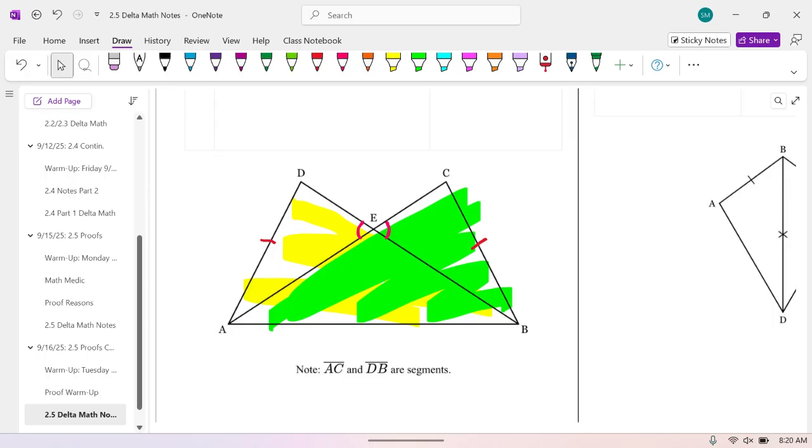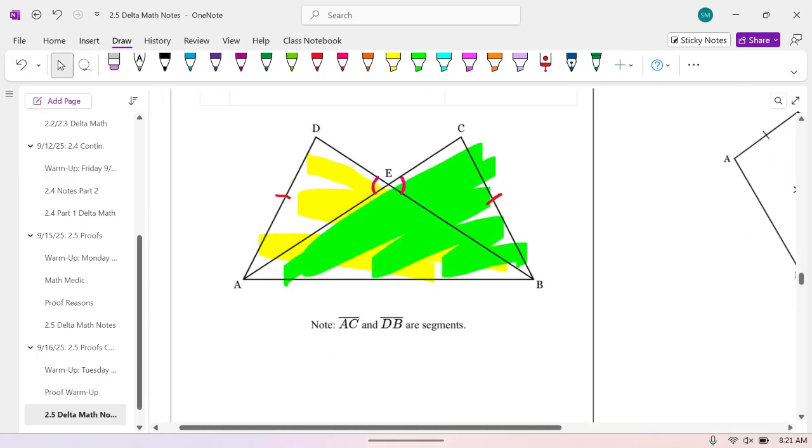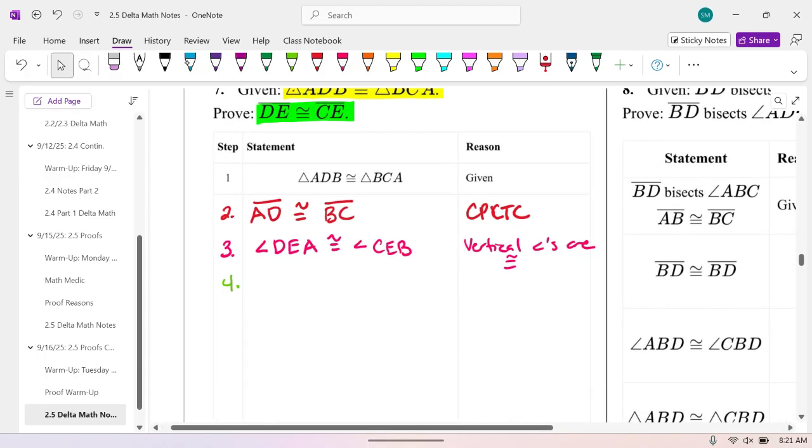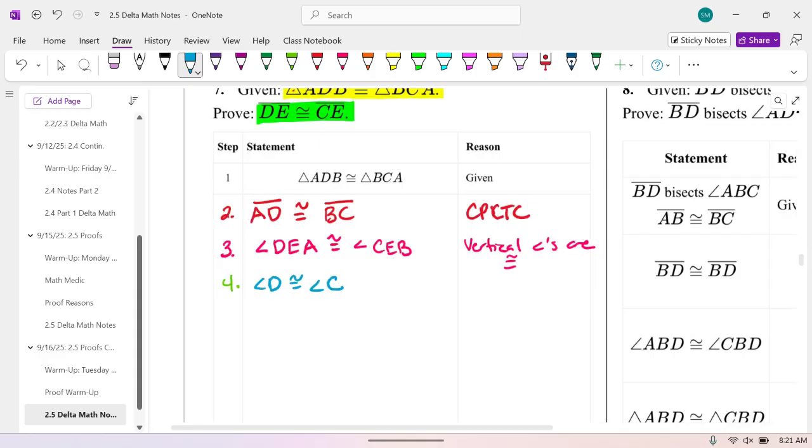AAS. All right. So what would you have to prove if it's AAS? Right. Angle D is congruent to angle C. What would the reason be? CPCTC. So these two angles right here are parts of our two original congruent triangles. So we can say that angle D is congruent to angle C because of CPCTC.